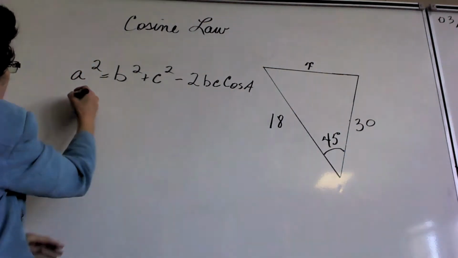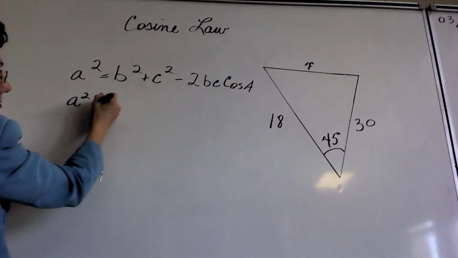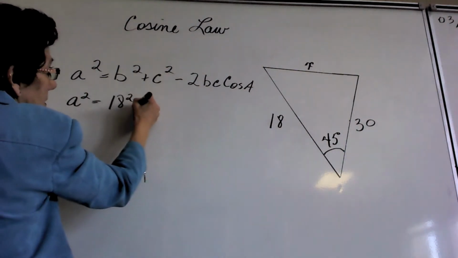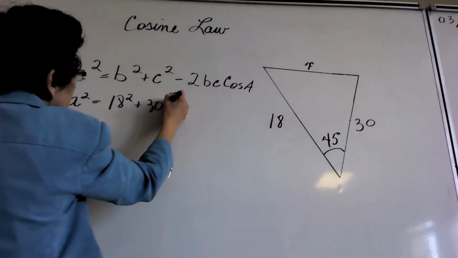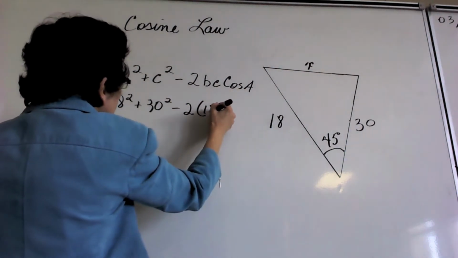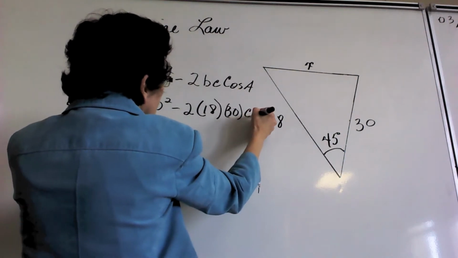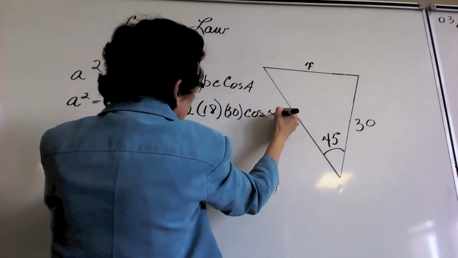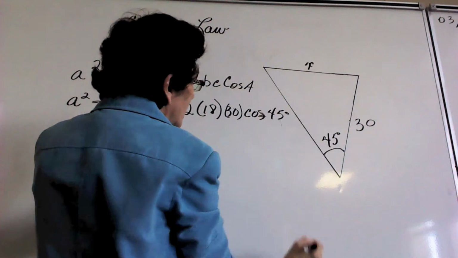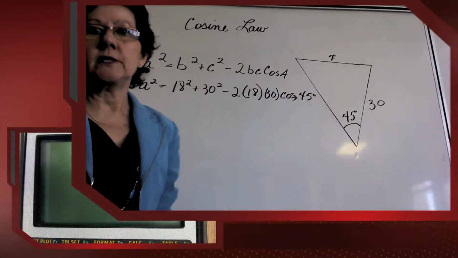Okay, our substitution, A squared equals 18 squared plus 30 squared, subtract 2 times 18 times 30, and then cos of 45 degrees. All right, I'll show you again how to input that.